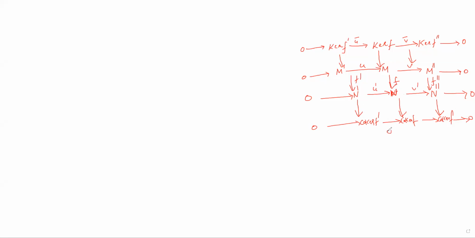Okay. Then u dash bar and v dash bar, they are compositions of u dash with this natural map, where u dash bar is defined in this fashion: u dash bar of n dash plus image of f dash equals u dash of n dash plus image of f, and similarly v dash bar of n plus image of f equals v dash of n double dash plus image of f double dash.